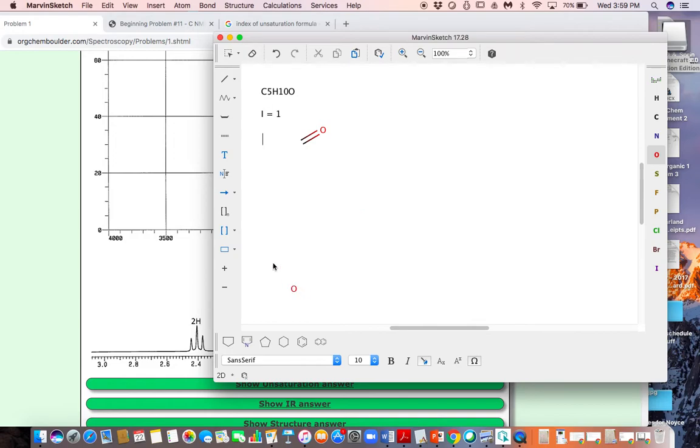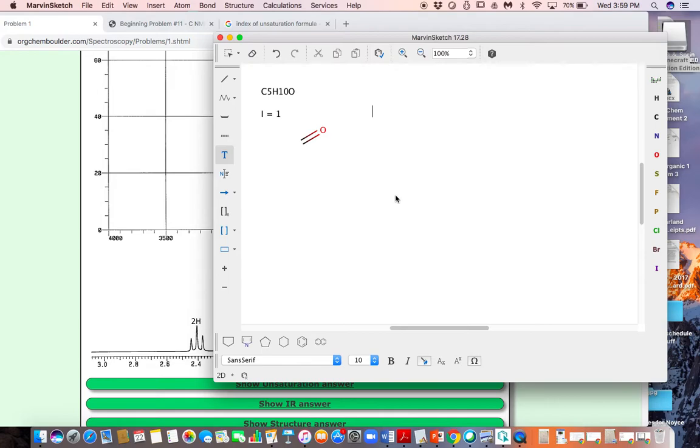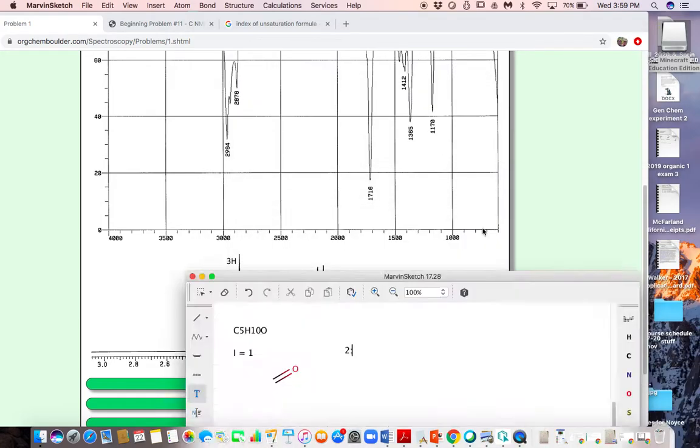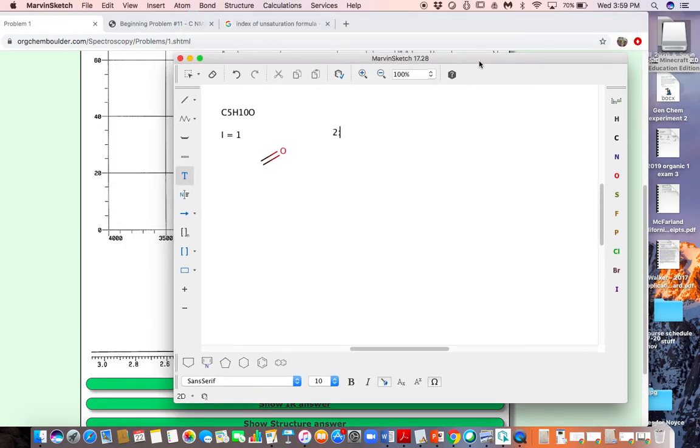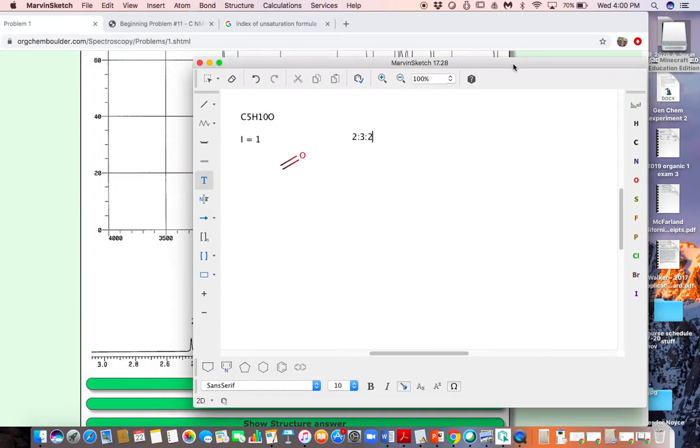So I'm going to say that my ratios are going to be 2 to 3 to 2 to 3. That means 2 H's are causing signal A, 3 H's are causing signal B, 2 H's are causing signal C, 3 H's are causing signal D. Forgot the alphabet there for a second.